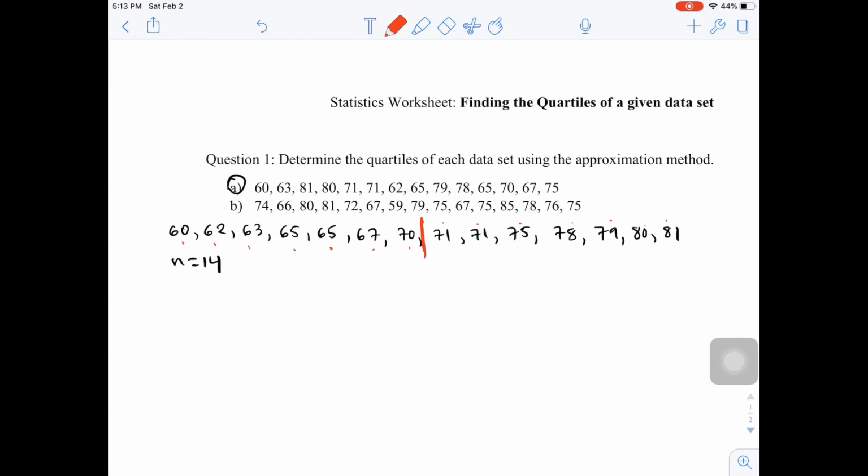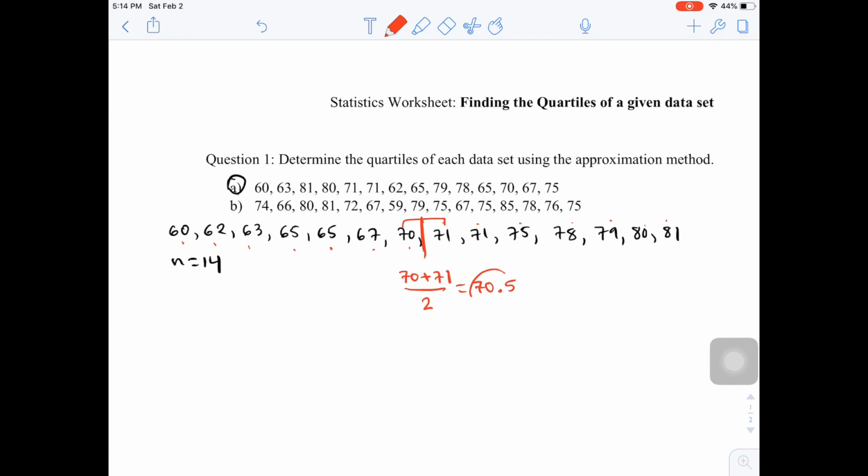When we don't have a value right here in the middle that's breaking our data into two parts, we take the two middle values and we average them. So for our case, the two middle values are these two. So it's going to be 70 plus 71 divided by 2. We are averaging these two values, and that gives us 70.5.